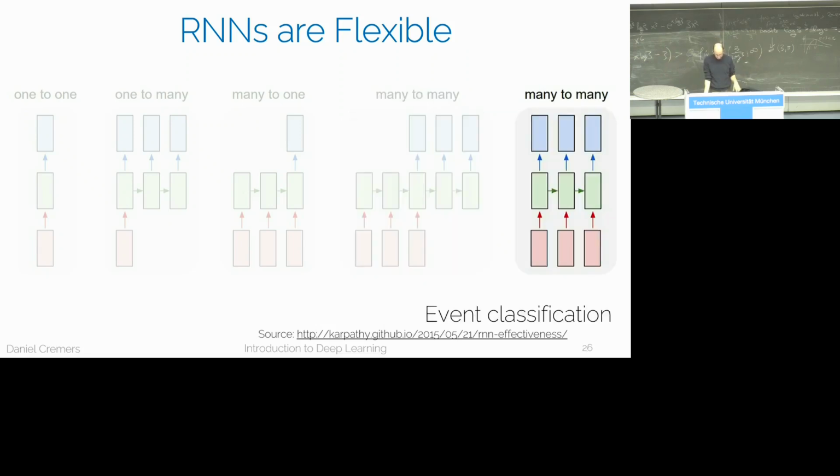Or many-to-many event classification is an example where in goes a video and out comes a classification of what's happening in the video. This is a very important task where people want to annotate videos. Someone like cooking videos, right?